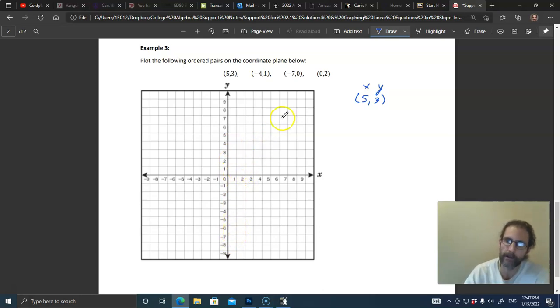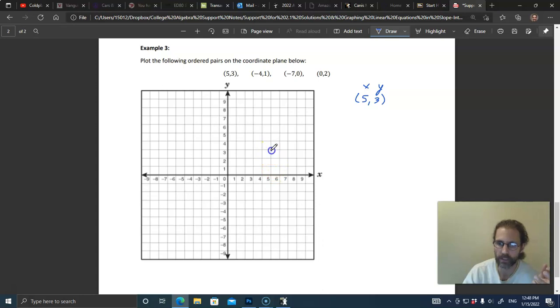So to plot, you start in the middle, and you look at these numbers as directions on where to go. If x is positive 5, then you move to the right 5 places. You stop, but you don't put the point here because we're not finished. We need to take into account the value of y, which is 3. Since 3 is positive, we go up.